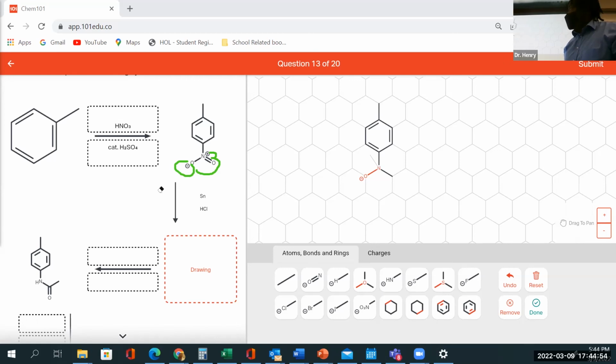What you're saying is that this oxygen is going to be donating to, because it has electrons, it's going to be donating to HCl, right? So what's going to happen when we donate to the HCl? Then the hydrogen is gonna, okay?